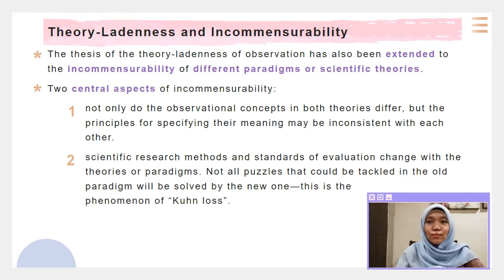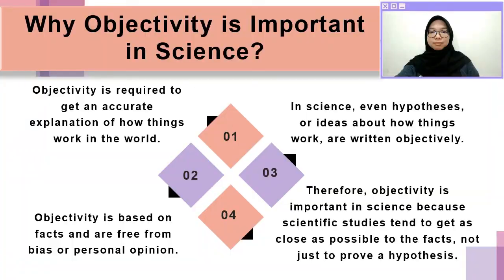Second, scientific research methods and standards of evaluation change with the theories or paradigms. Not only puzzles that could be tackled in the old paradigm will be solved by the new one. This phenomenon is called Kuhn loss.